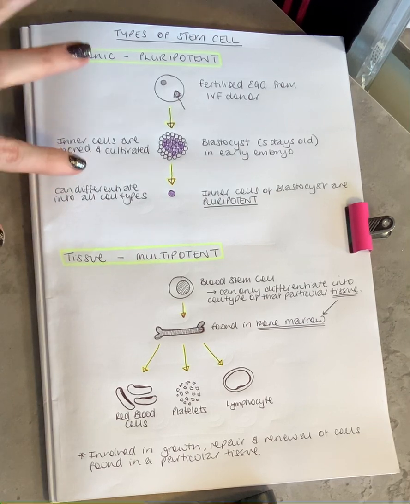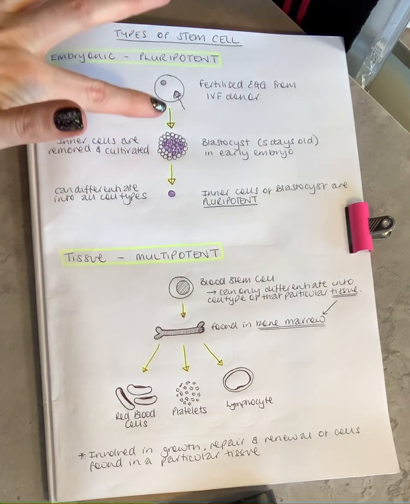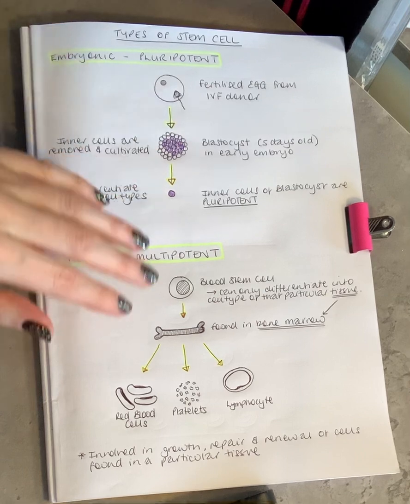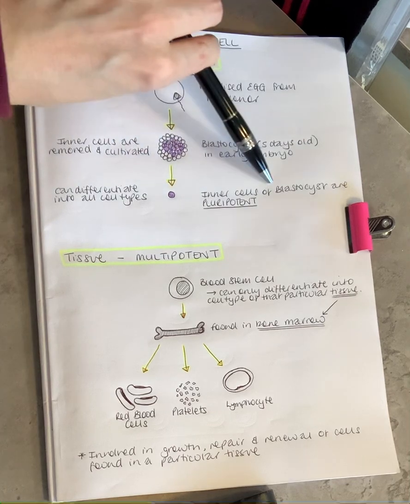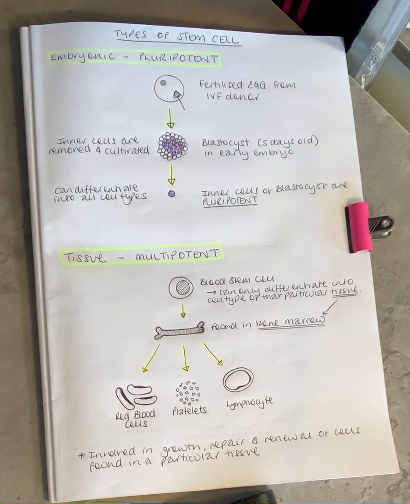When a cell has the potential to differentiate into any cell type, we class it as pluripotent. So the inner cells of the blastocyst are pluripotent. Scientists can take these embryonic stem cells from the blastocyst, and as I say, they can differentiate into any type of cell.